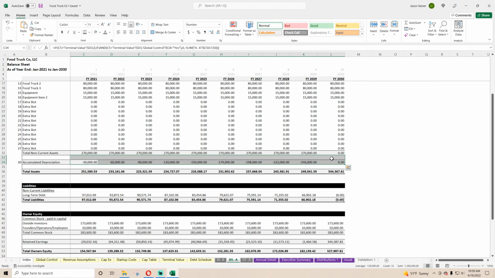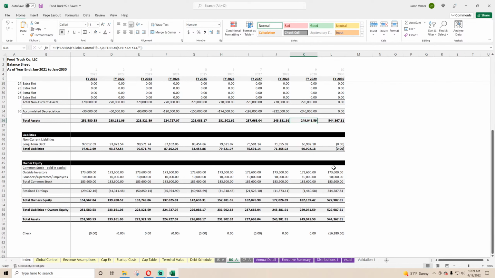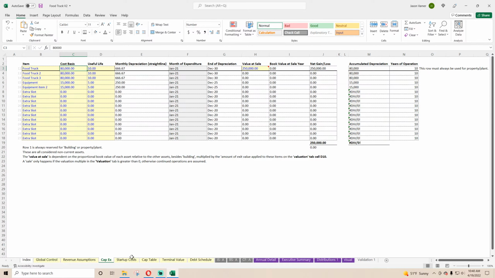Puzzles, puzzles. We've got a problem. What is this difference? Let me look at the CapEx.